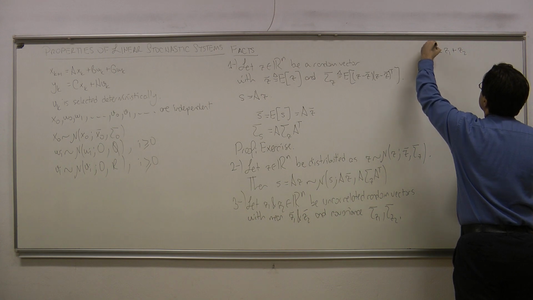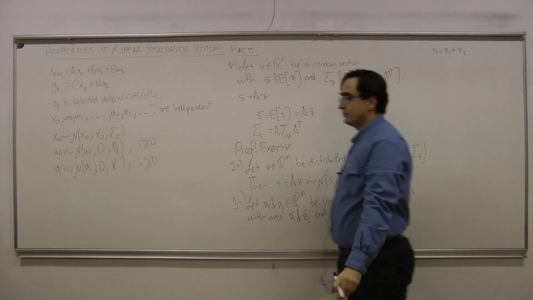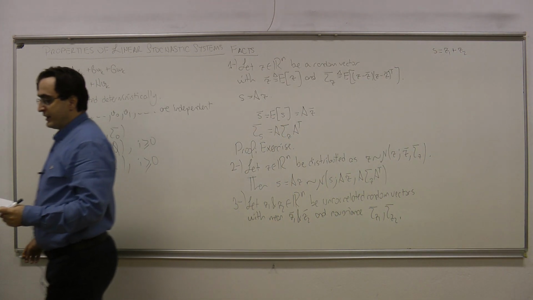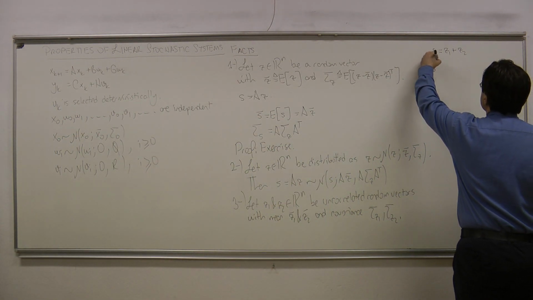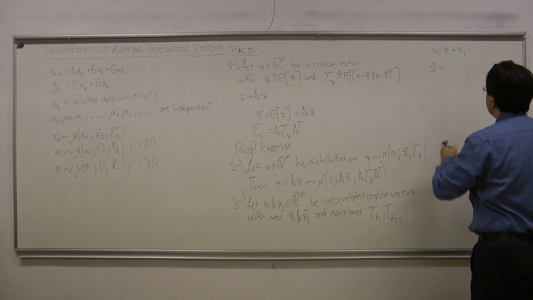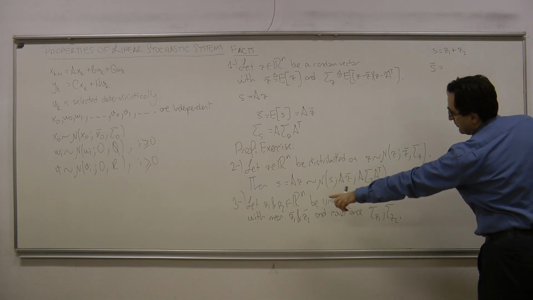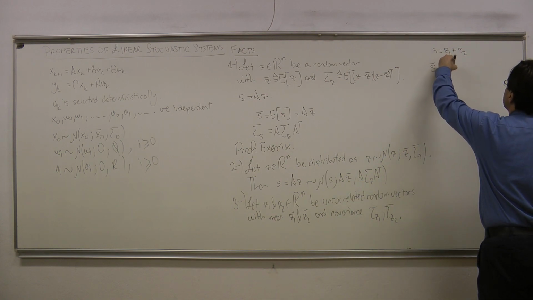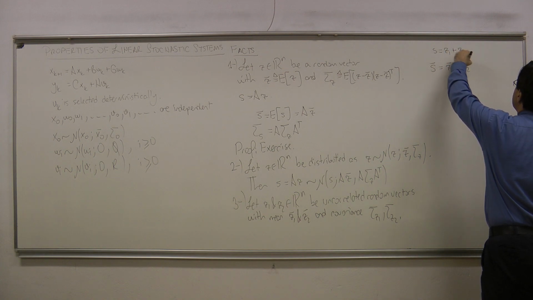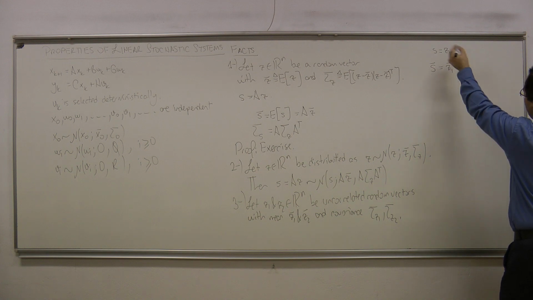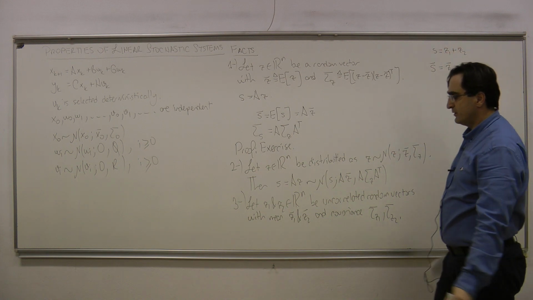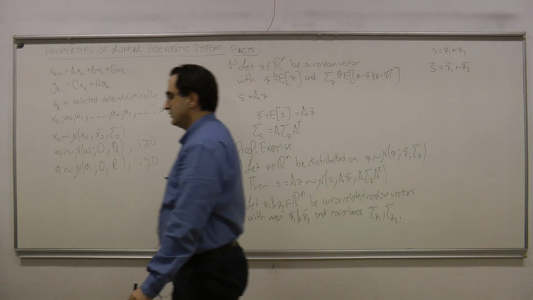then I can actually show that the mean of S, which is S bar, is the summation of the means of these random vectors. For this equality to hold, uncorrelatedness is not required.